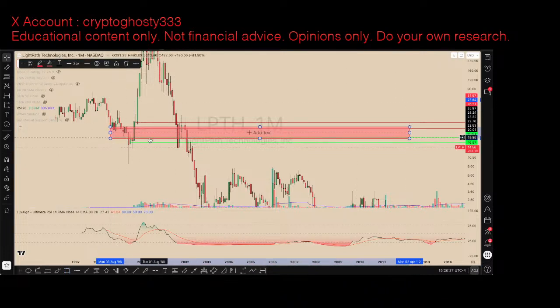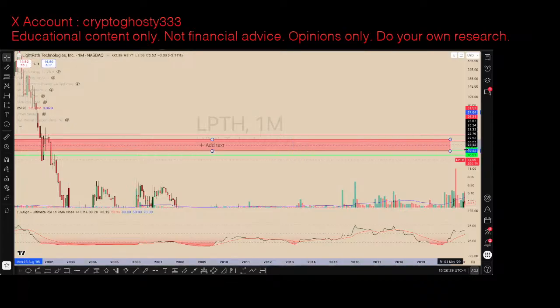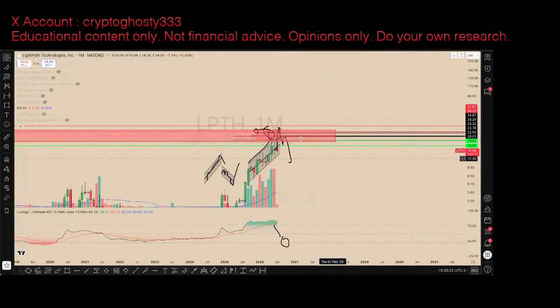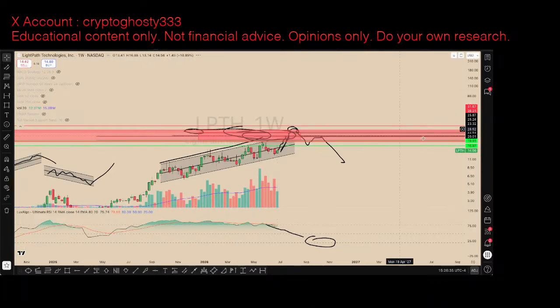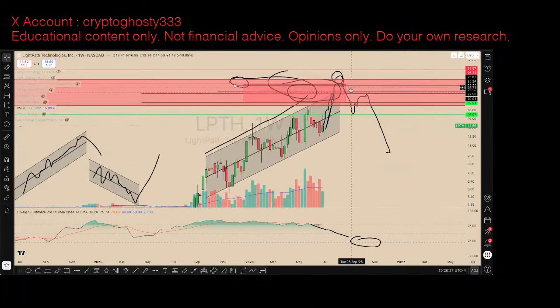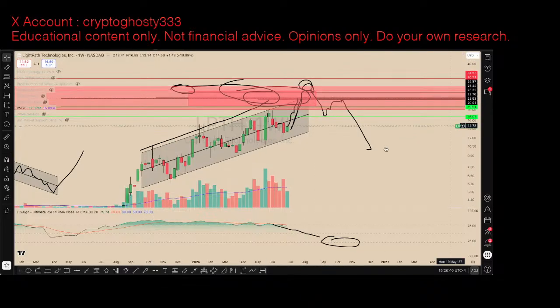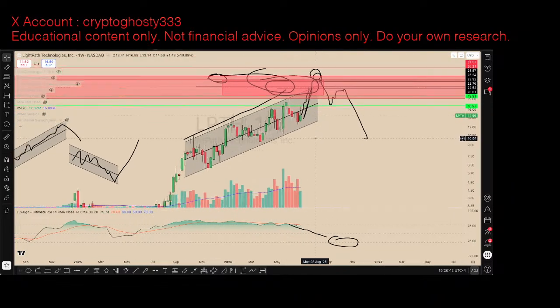So this is a key zone with massive resistance ahead, coinciding with the ascending channel. So all of this is a massive wall, which shows high probability of not breaking to the upside, and this could be a really good time to start taking profits.